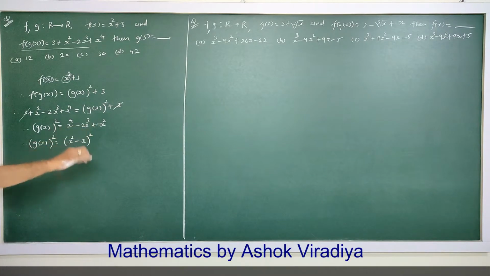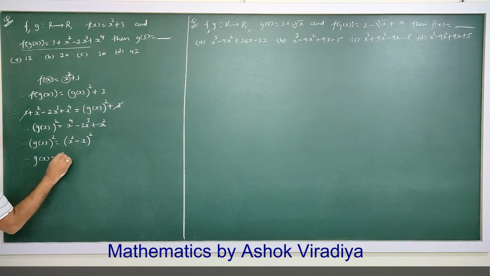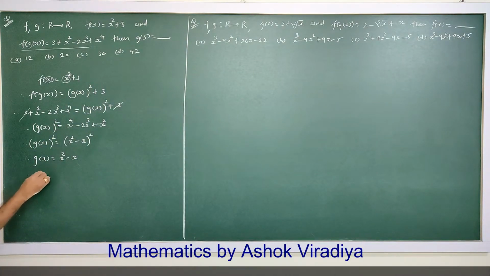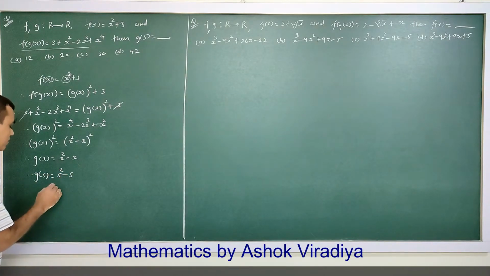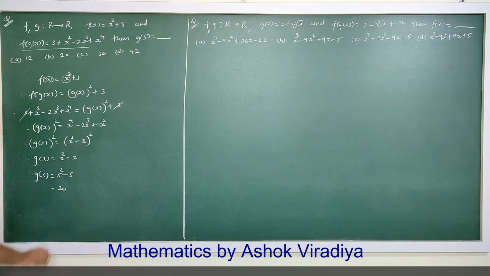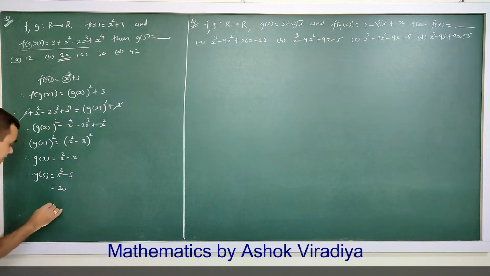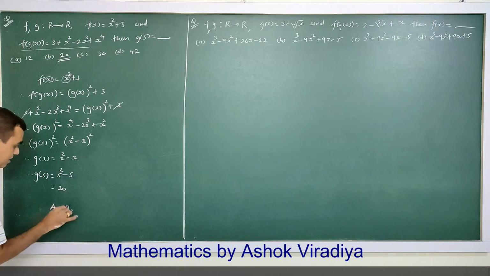This is a perfect square polynomial. So we can say g(x) can be x square minus x. Now we want g of 5. So putting here 5, 5 square minus 5, so this is 25 minus 5 is 20. So the required value is 20. So answer is B.